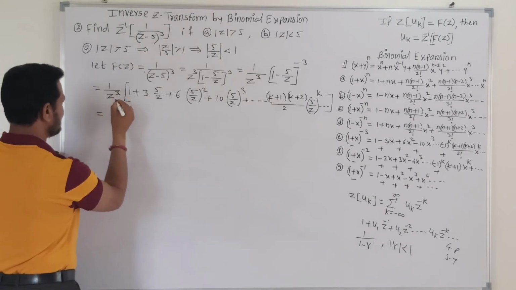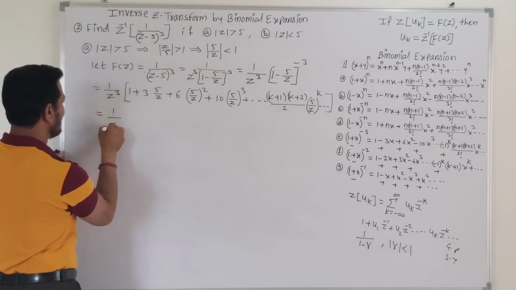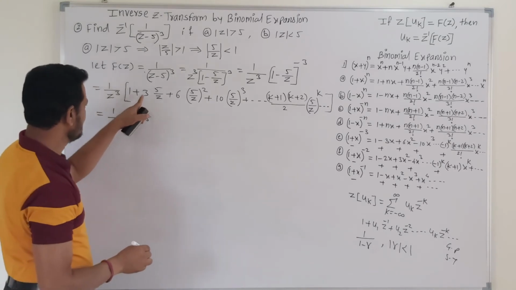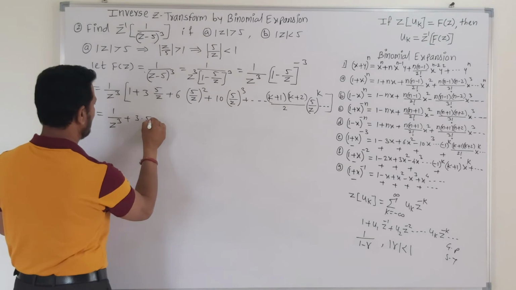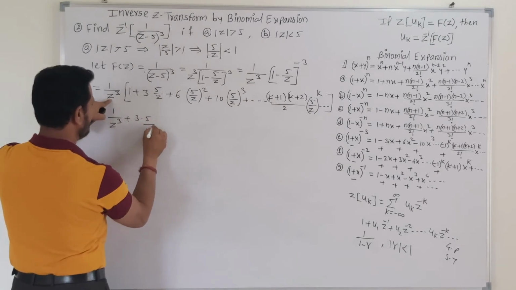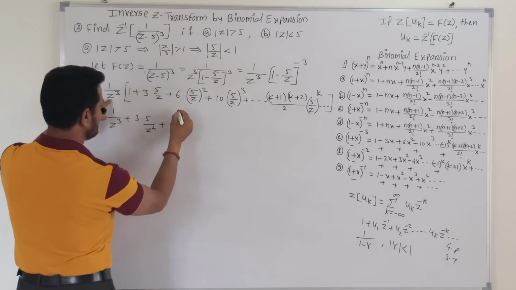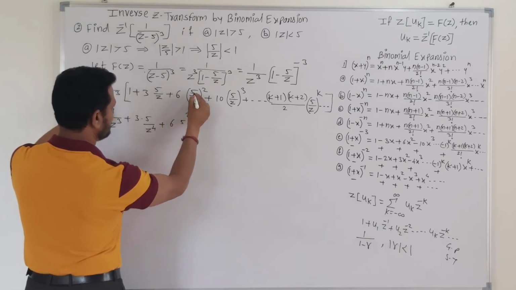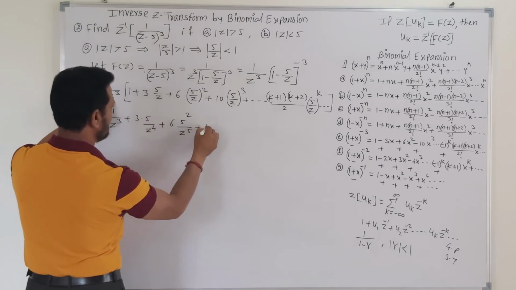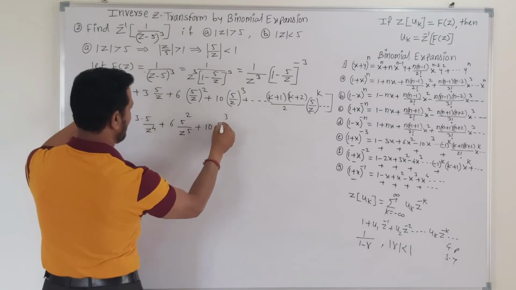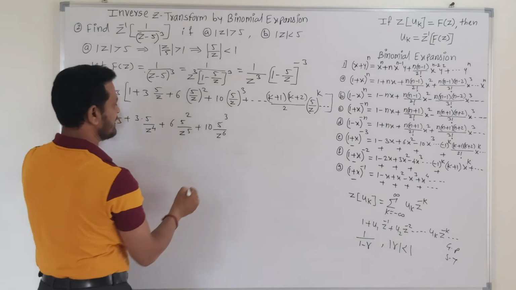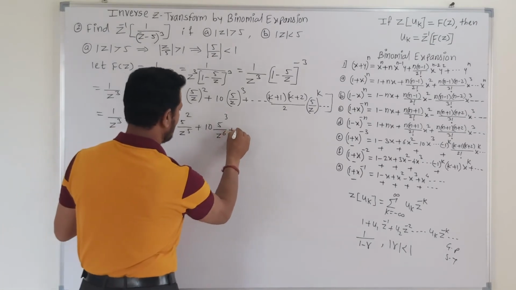So after taking this 1 upon z cube to the inner side, we get 1 upon z cube plus 3 into 5, then we can write this as upon z into z cube, that is z raised to 4, plus 6 into 5 squared, z squared into z cube, we can write this as z raised to 5, plus 10, then 5 cubed upon z cubed into z cube, we get this as z raised to 6 and so on.